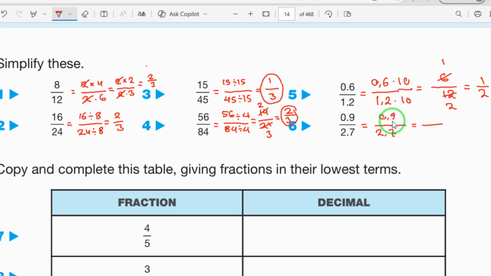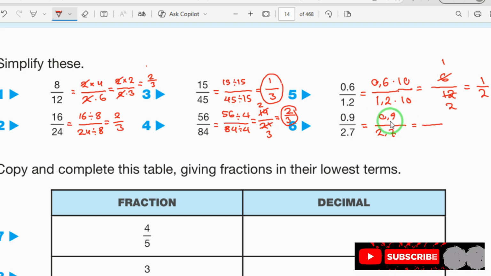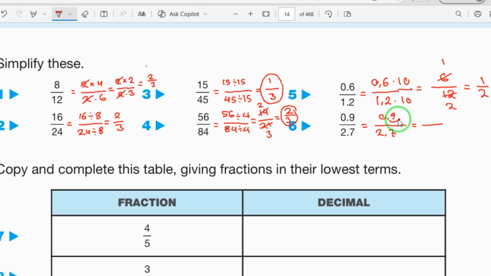So we use these properties, we move one decimal place to the right side, it becomes 9. And then the denominator becomes 27. Now we can simplify, 1 times 9 and 3 times 9. So the answer is 1 over 3.